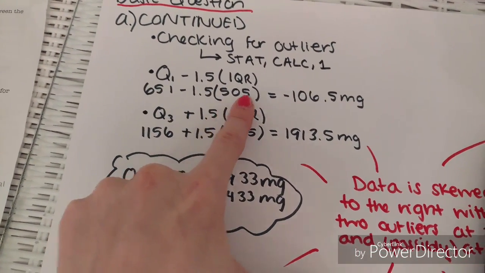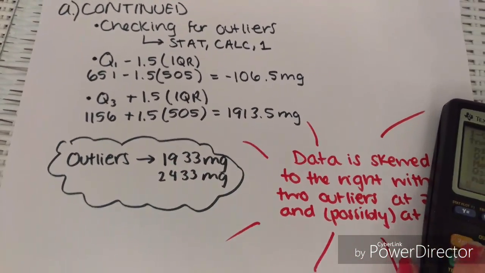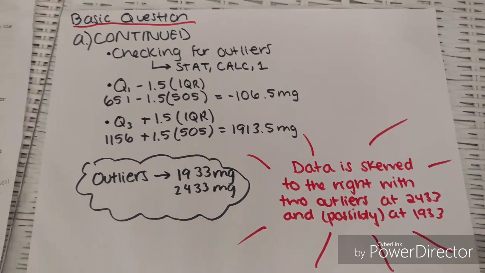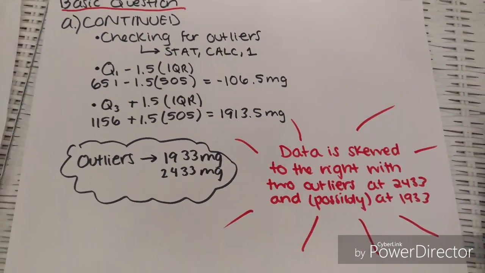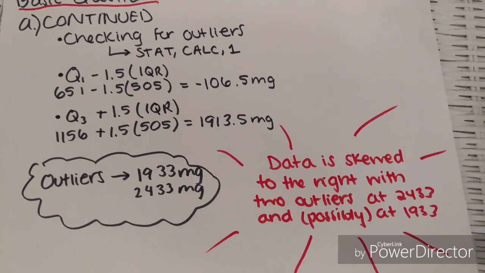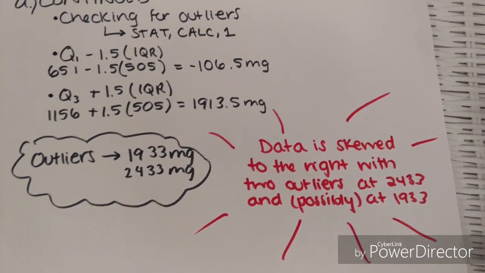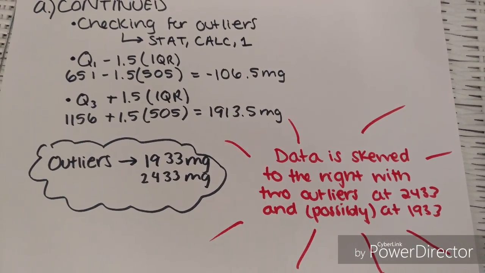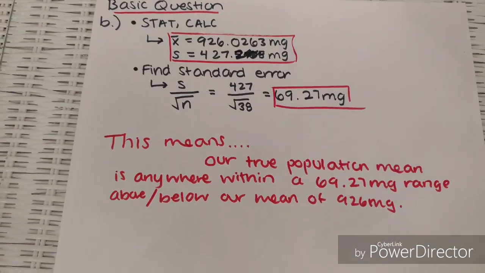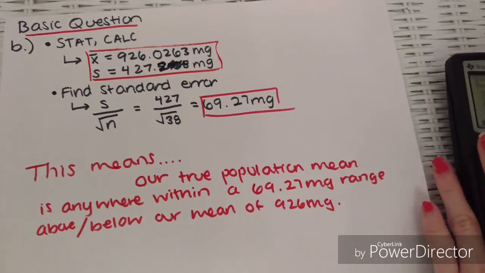We plug in those values, and we can see for sure that those outliers are legit. From this we can determine that the distribution is skewed to the right and has two outliers at 2,433 and at 1,933.